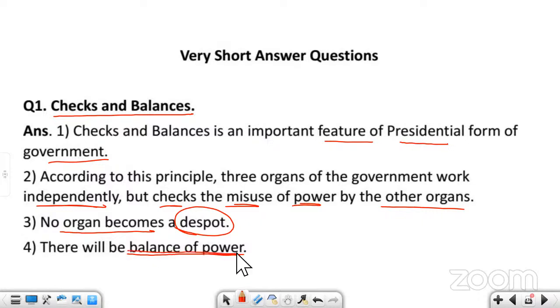So for balance of power, all the 3 organs should work independently and they should check the other organs if they are misusing the powers. So this is called checks and balances. I hope I'm clear with this.